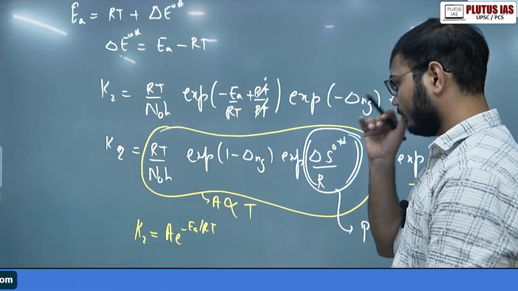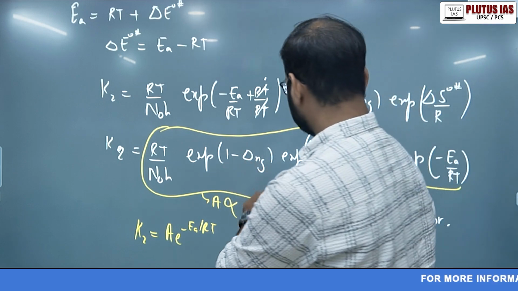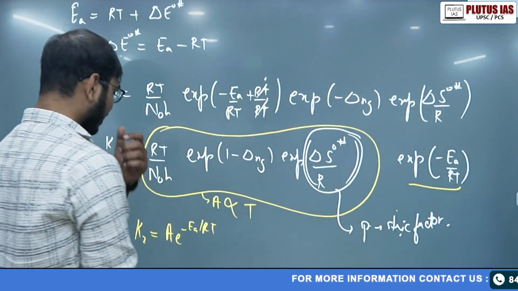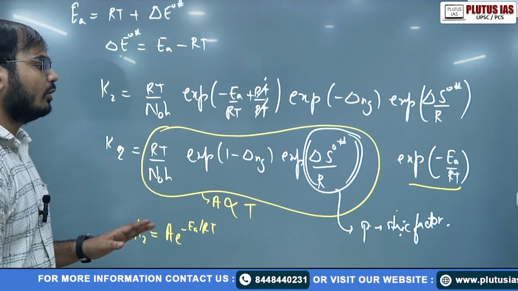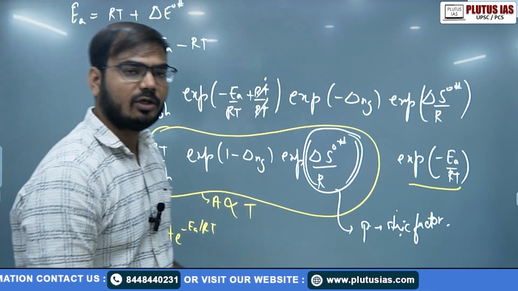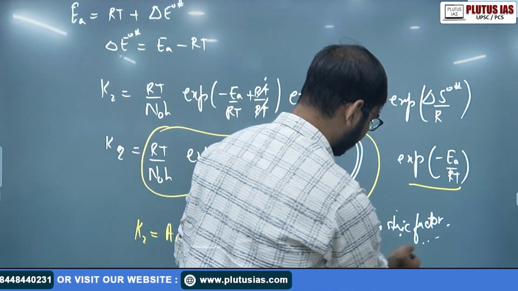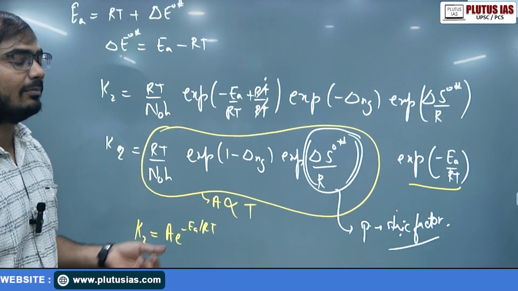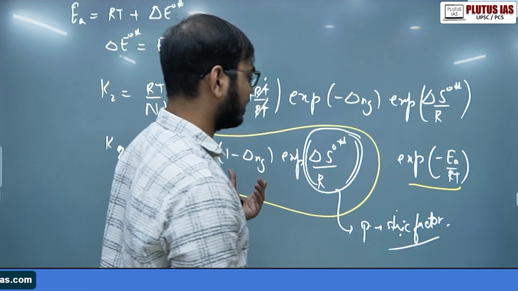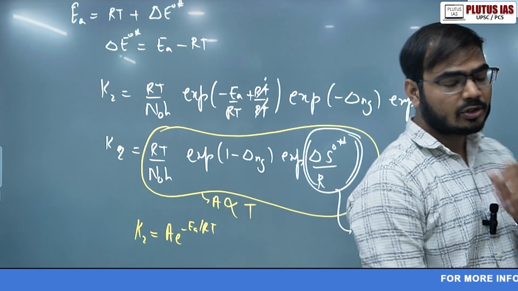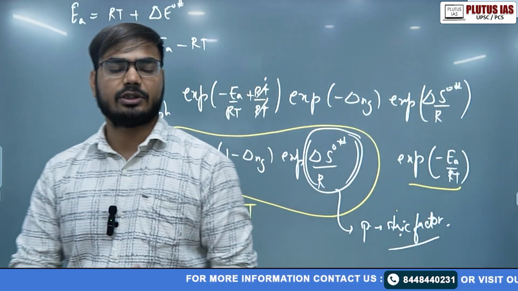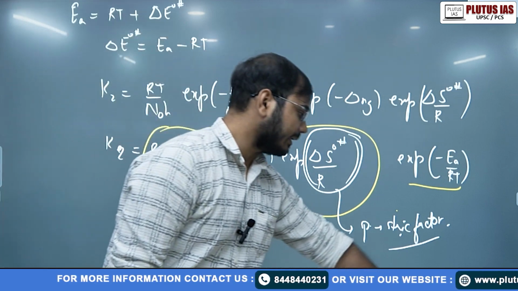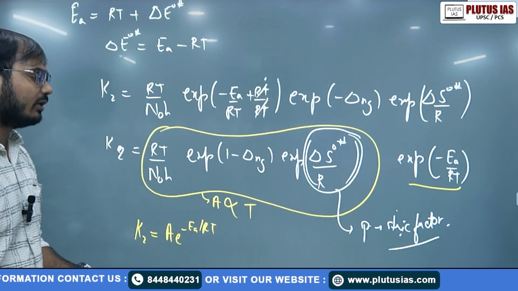Now, in this equation, you can see that we have the parameters delta Ng, the entropy function, the number of molecules, RT, activation energy, everything. So based on the entropy of a species, I can predict the steric factor. If the reaction is taking place in the gaseous phase or other phases, this factor can also be decided. So we can say that this equation can be used for everything.